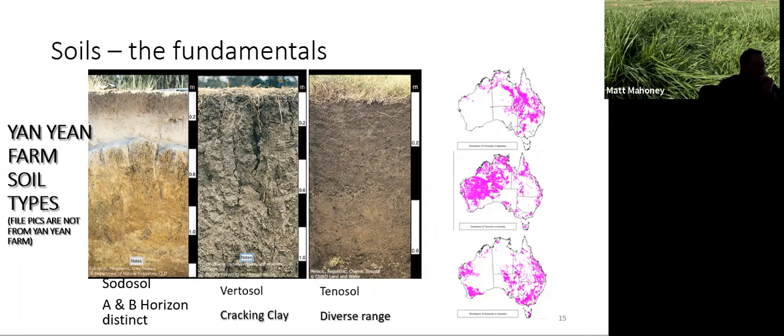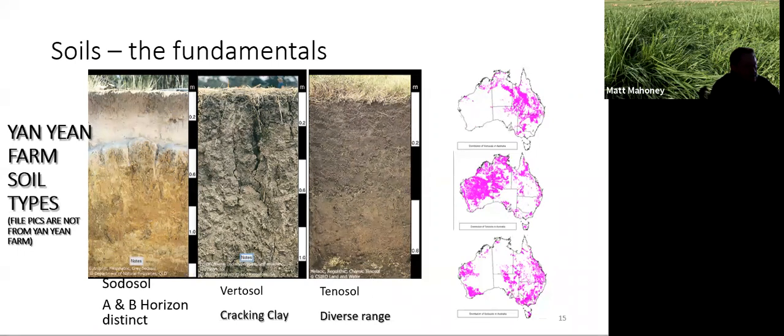The Yan Yan soils were classified by a Soil Science Australia expedition. There are many soil pits out there, and if you were to walk around the farm, you'd come across a few.